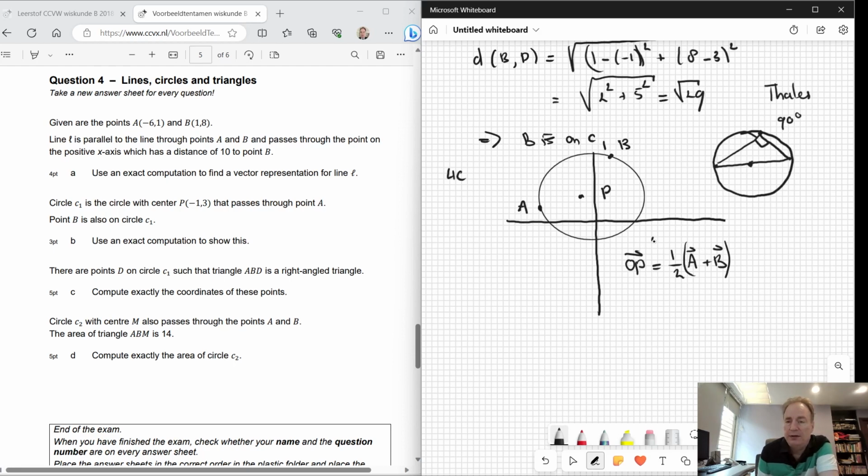So whether or not that's the case, well, 1/2 (A plus B) is 1/2 of (-6, 1) plus (1, 8), which is 2.5, 4.5.